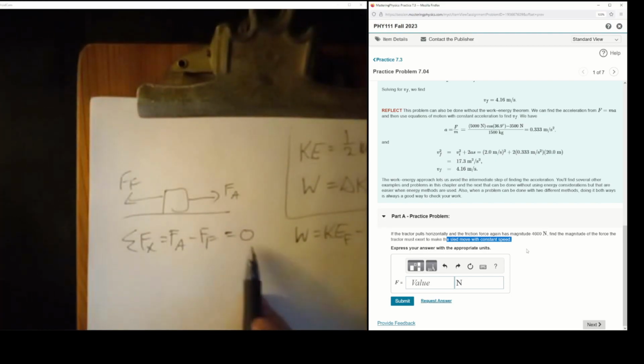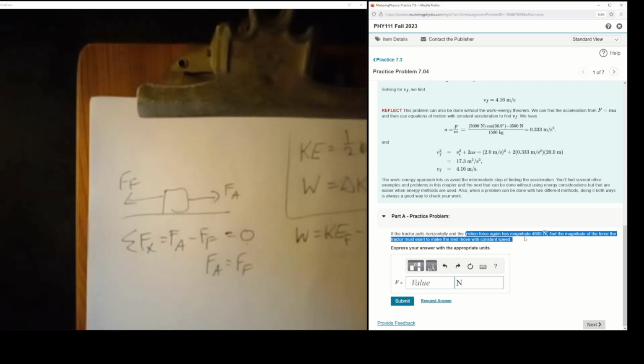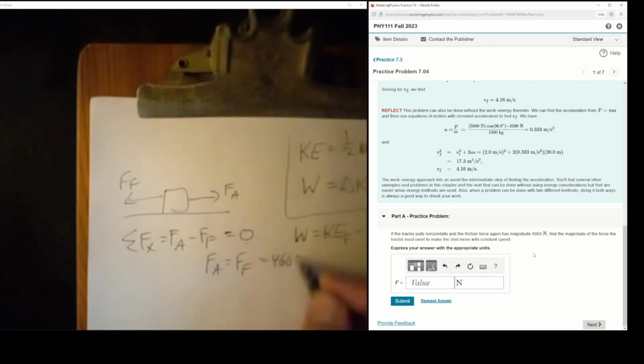Constant speed means there's 0 acceleration. And so we find that the force applied would have to equal the force of friction. And they actually tell us the force of friction. It's 4,600. And so, well, if the force of friction is 4,600, then so must be the force applied.